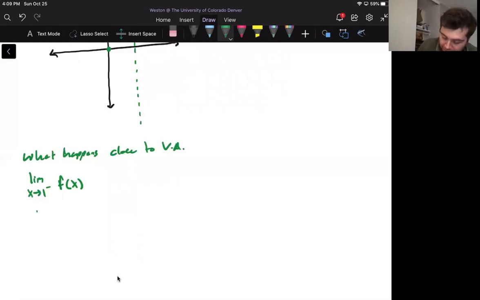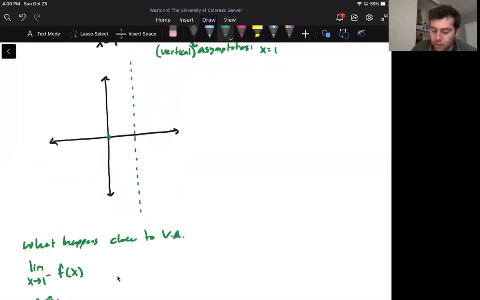Or we can write it as x increases to 1. So we're thinking about what's happening as we're moving in this direction. Is our function going up, or is it going down, or is it possibly just going right through? So we'll leave question marks on that for right now, and then below we'll investigate it.